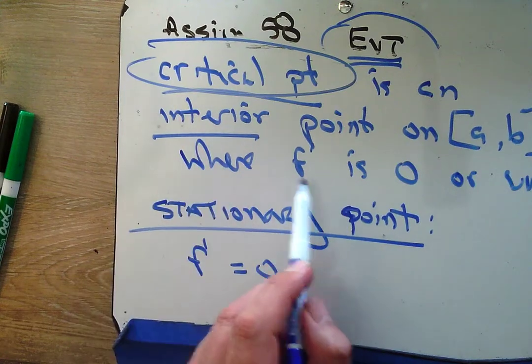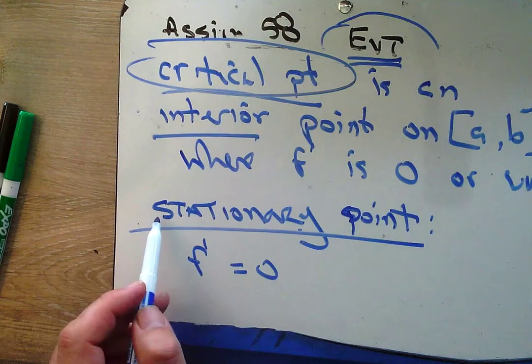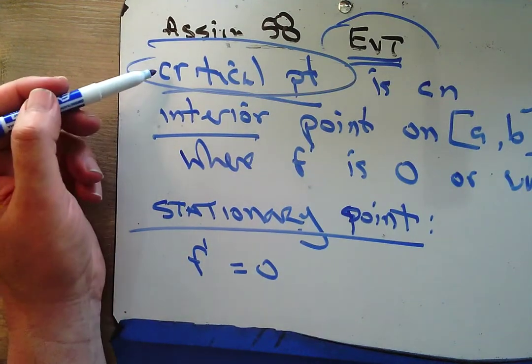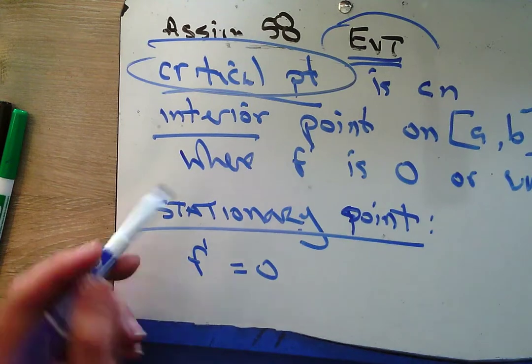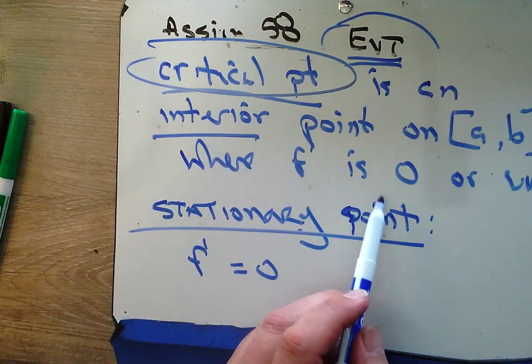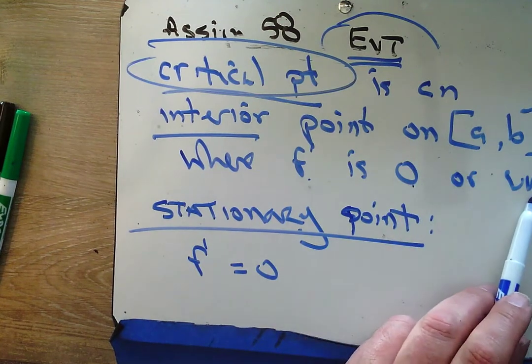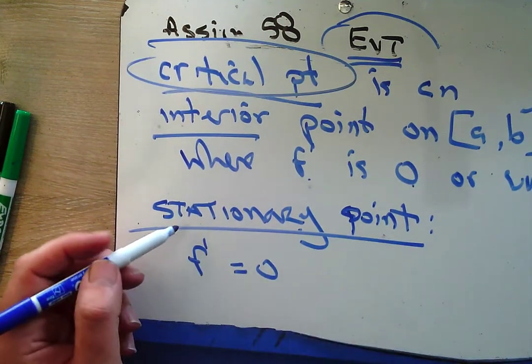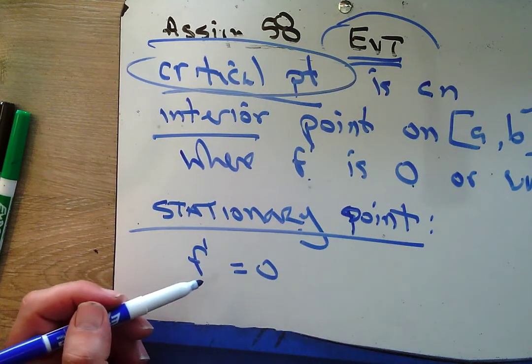And a critical point is a place where f prime is 0 or undefined. So a stationary point is a subset of critical points. It's a point where not only could we be looking at derivative equal to 0 or undefined, but now we're refining it even narrower and saying, well, we're only interested in places where f prime is 0.